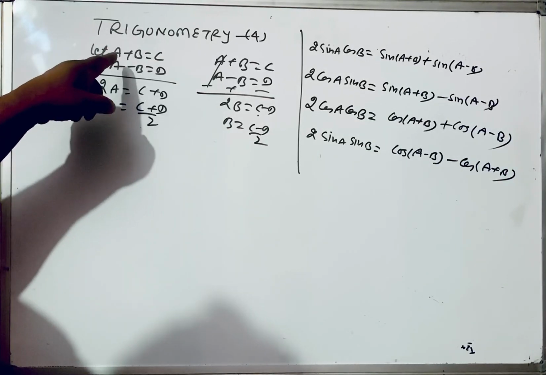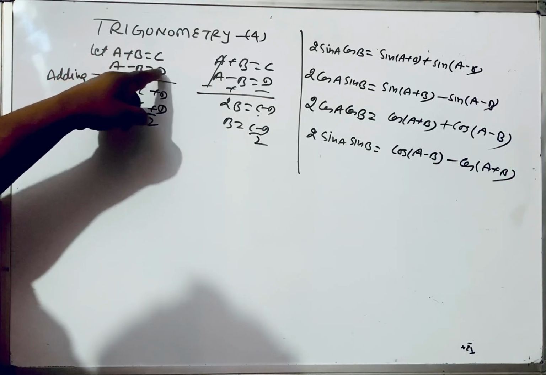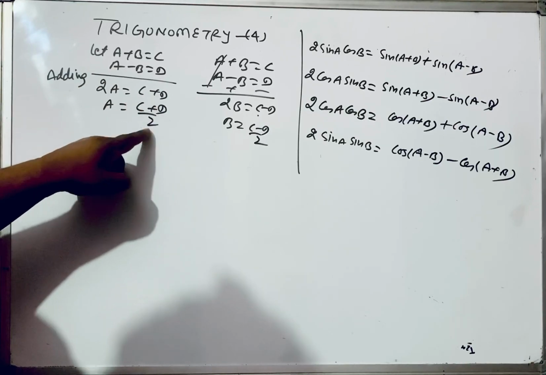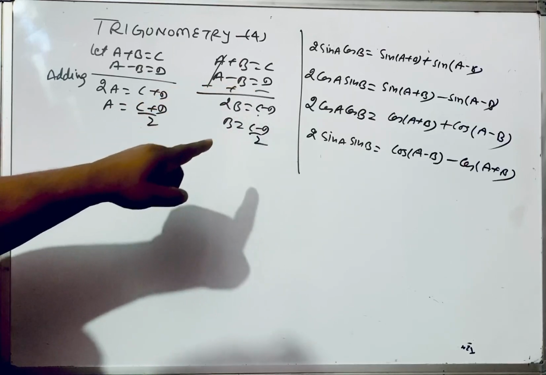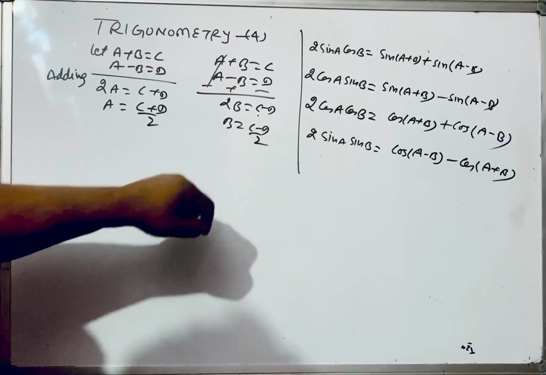When we put A+B = C, A−B = D, we get A is equal to (C+D)/2. When we put A+B = C, A−B = D, we get B is equal to (C−D)/2.